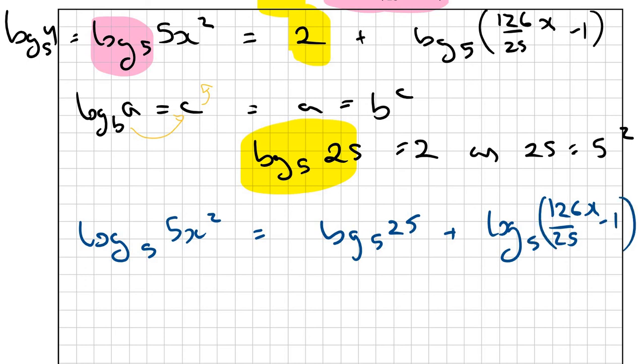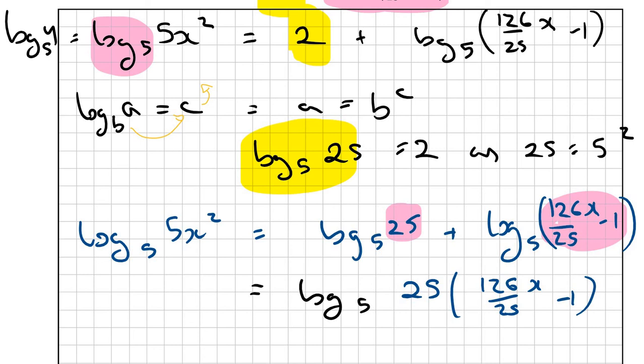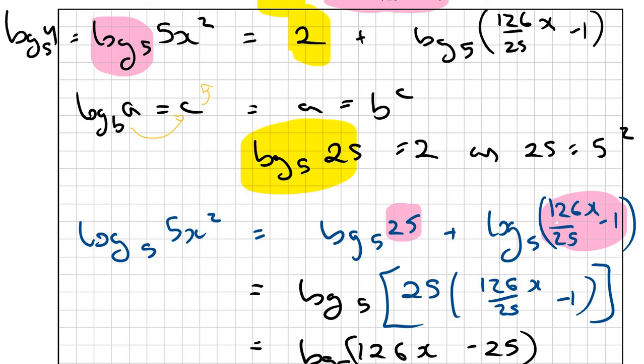Now I'm just going to use my rules of logs to say that that's equal to log of 25 times this, same rules of logs that I used initially, and if I multiply that in, I'm now left with that's equal to log of 126x minus 25 to the base 5.